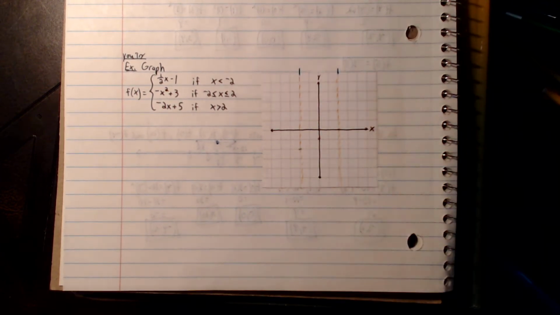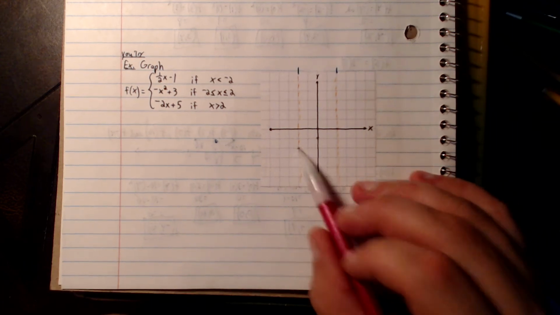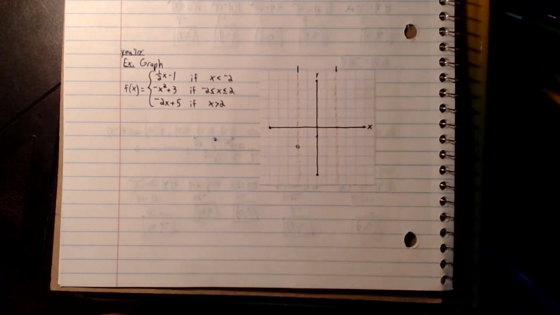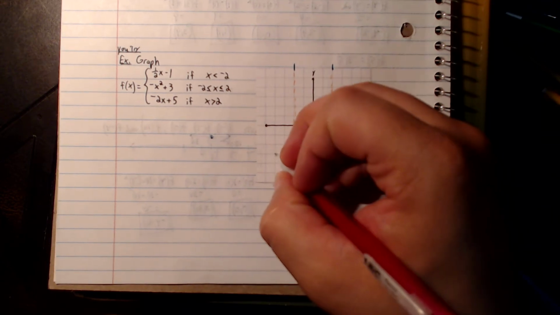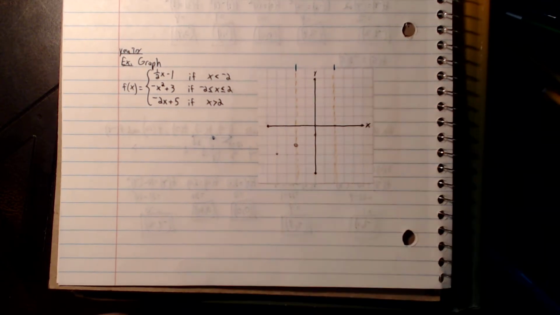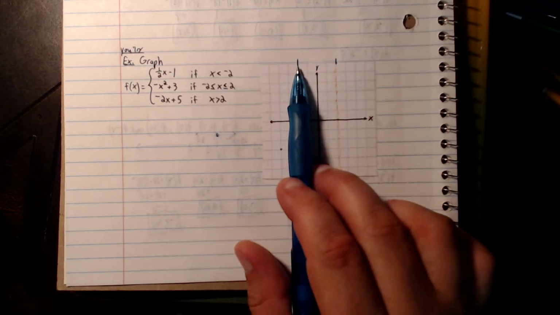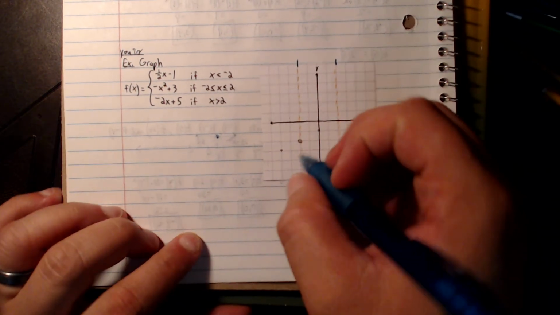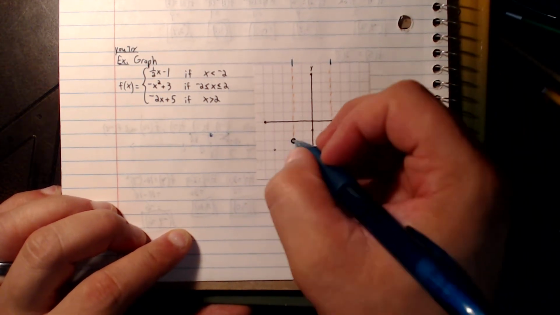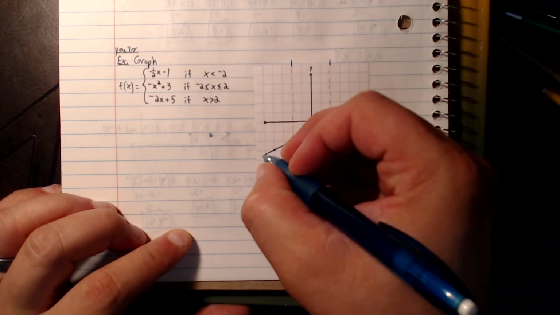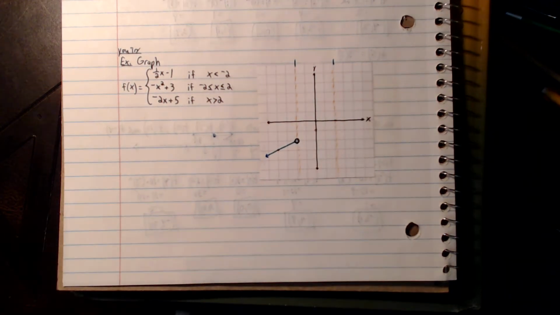So actually, I can see where it's hitting my function right here. It should be an open circle, and it's going to continue this way. So, from -2, anything less, so from here this way, it's going to follow that line.